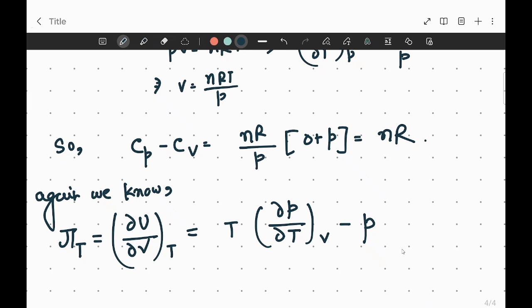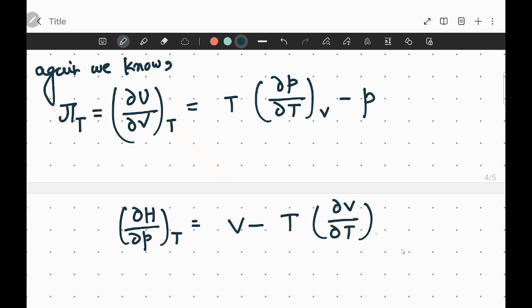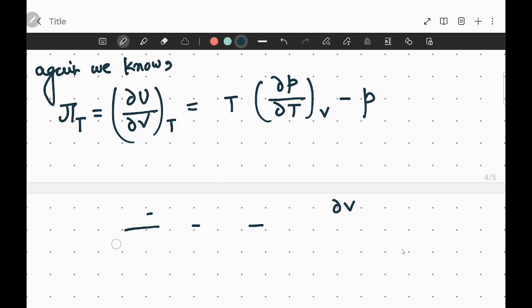The other, if I'm not wrong, is del H del P at constant T, which equals V minus T into del V del T at constant P. These two are the thermodynamic equations of state. They are very useful, because you can get questions from them in CSIR NET or GATE regularly.